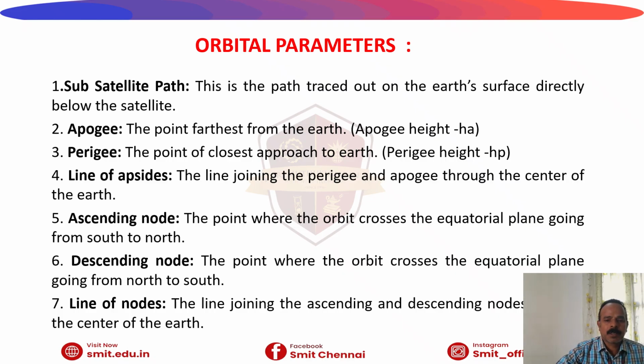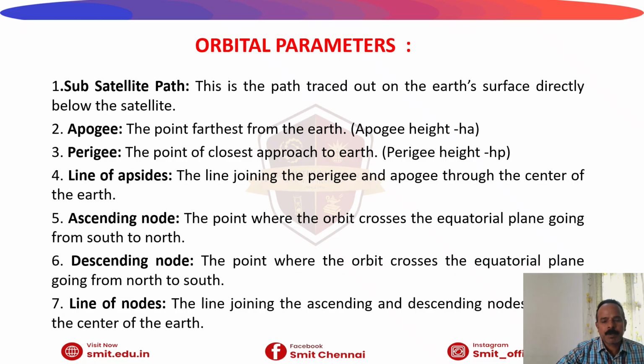It is the point where the orbit crosses the equatorial plane going from south to north. The opposite one is called the descending node, which is the point where the orbit crosses the equatorial plane going from north to south. The only difference between ascending and descending lies in south to north and north to south.